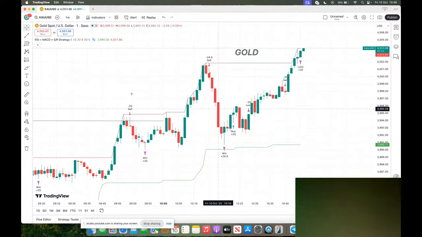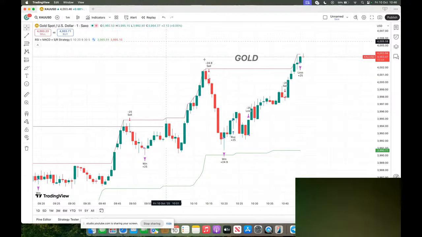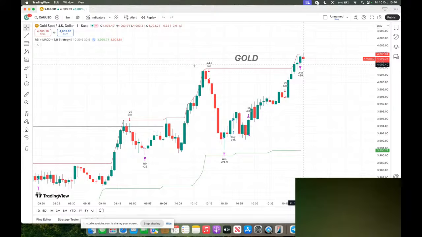For it not to tell us to sell means there is no reversal sign at this point. So we'll wait for it. But if it gives a red candlestick here, trust me, this bot will tell us to sell. Yeah, and that is expected.